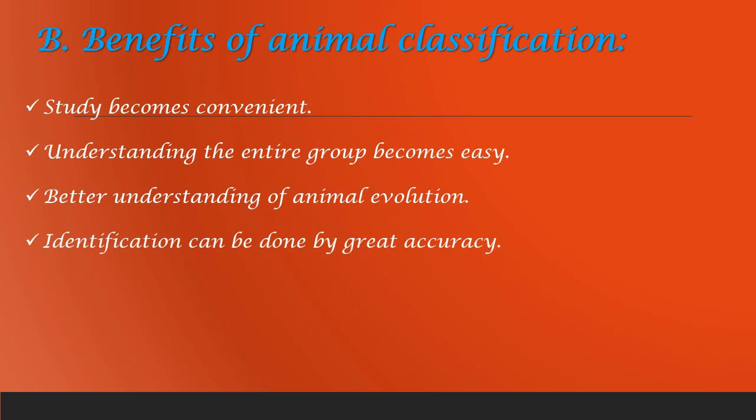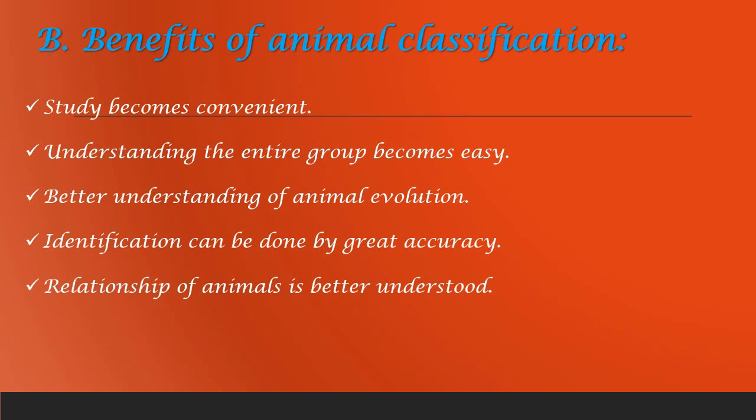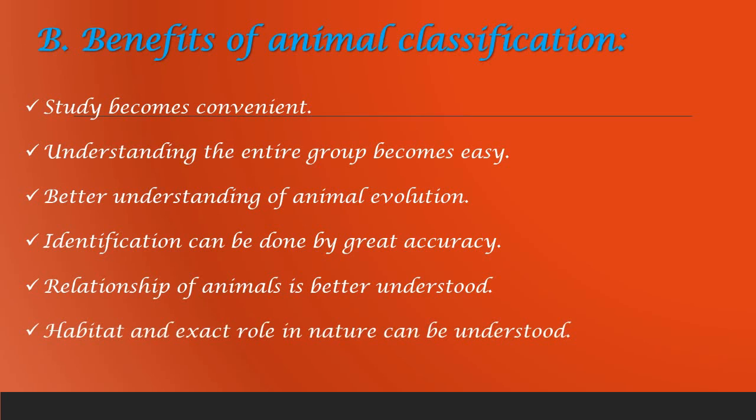Identification of animals can be done with great accuracy. The relationship of animals with other living organisms is better understood. The habitat of each animal and its exact role in nature can be understood by learning animal classification. And various adaptations of animals can be studied.